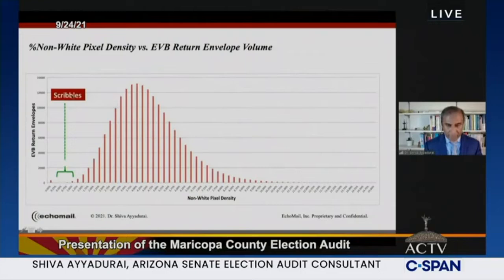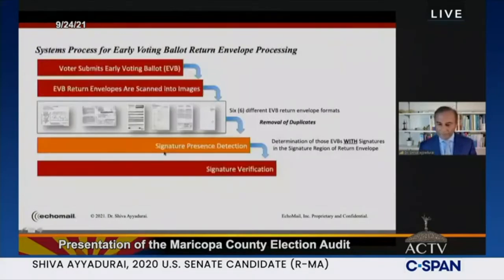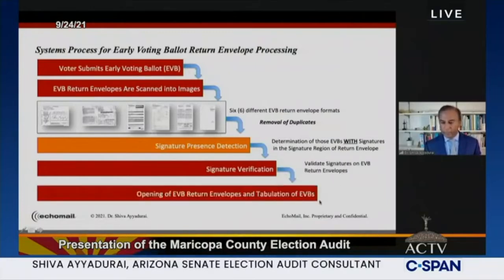That's a definite non-white pixel density. That's a scribble. Everything else, we were quite liberal and accepted those as signatures, even in our analysis. So again, we were not hired to do signature verification. All right. Now, after this, typically signature verification would take place, which is what the county did, and then they would also open up the envelopes and tabulate them.